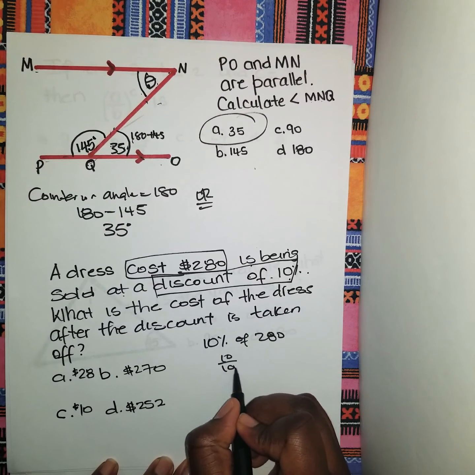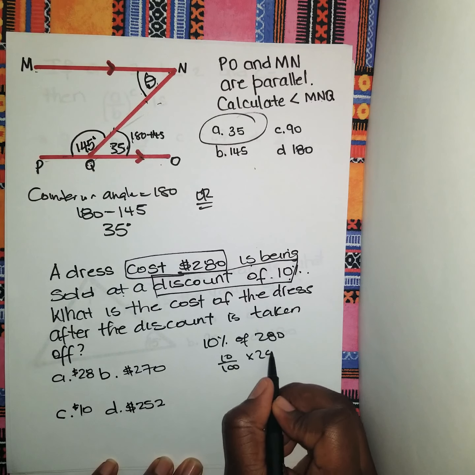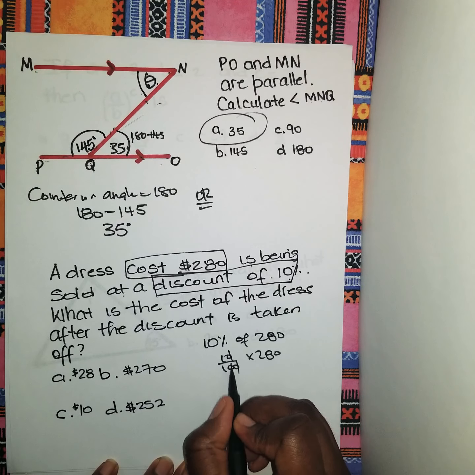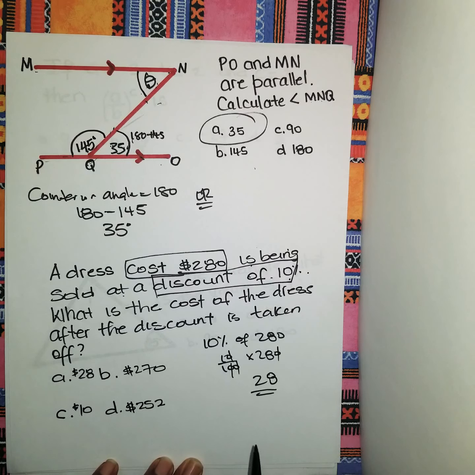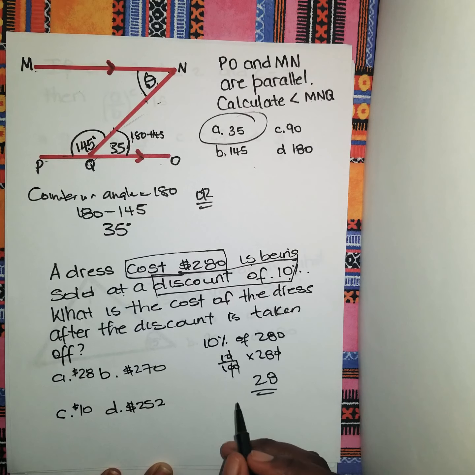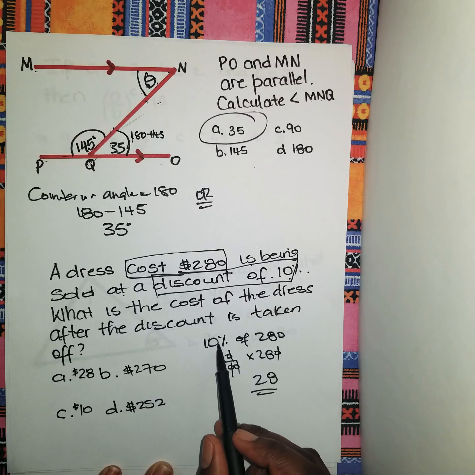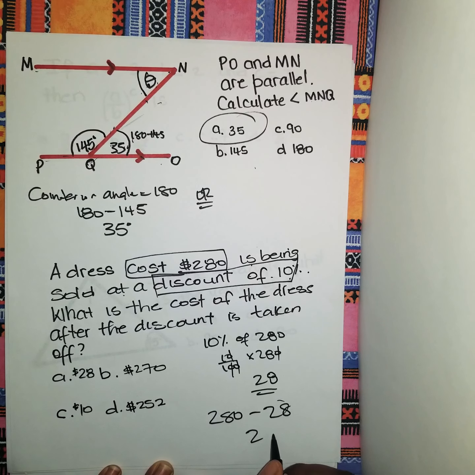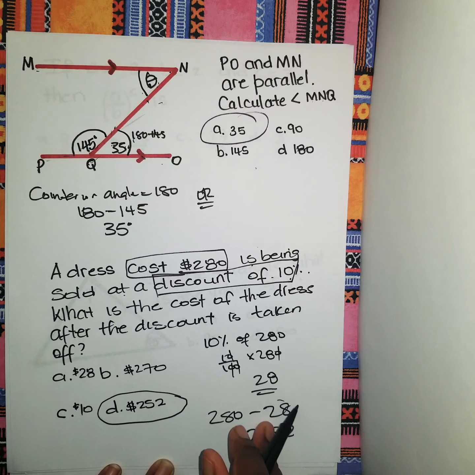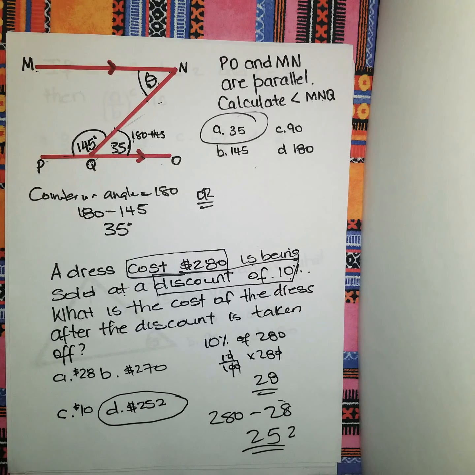It's 10 over 100 as a fraction times 280. Let's cancel. The answer we get for the discount is $28 that this person will receive. So to find the price the person actually pays, it's going to be 280 minus 28, which will give us basically 252, and so our answer is right here.